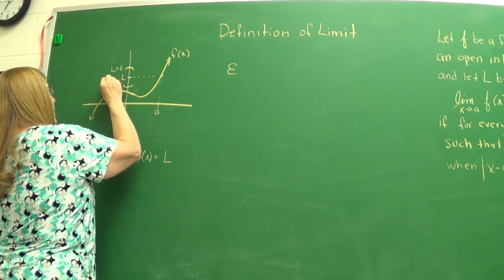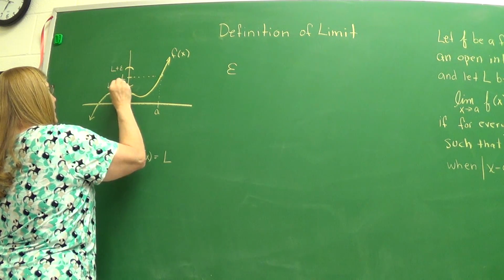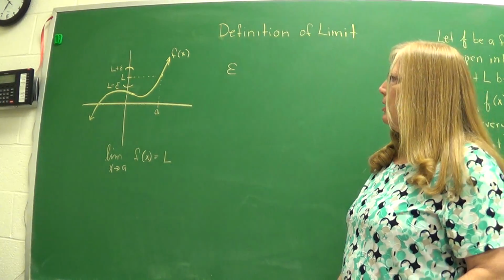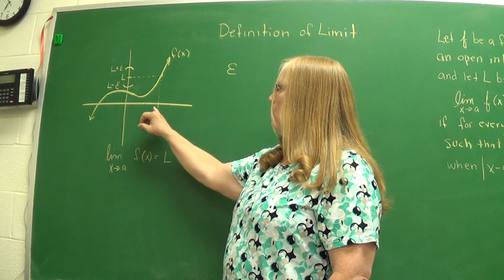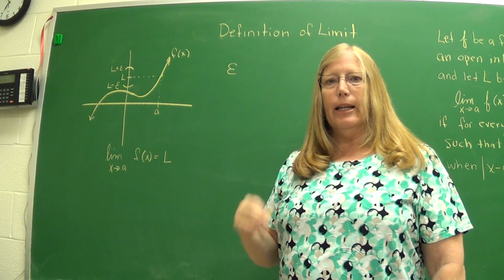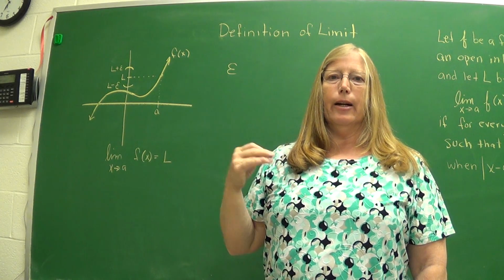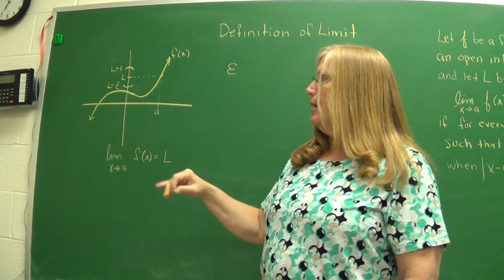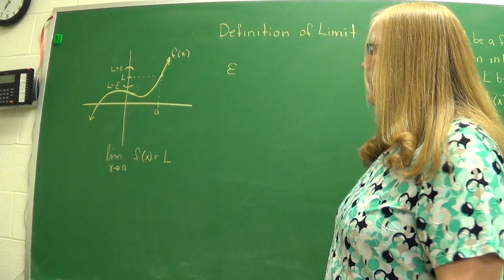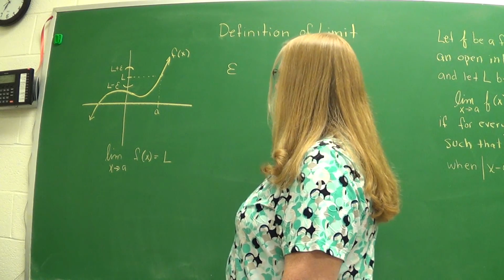And we can go down epsilon, L minus epsilon. So I want to choose my x values wisely so that I get in the target area. Again, L plus epsilon and L minus epsilon. And epsilon can be as small as we want, depending on how important it is to hit near L.